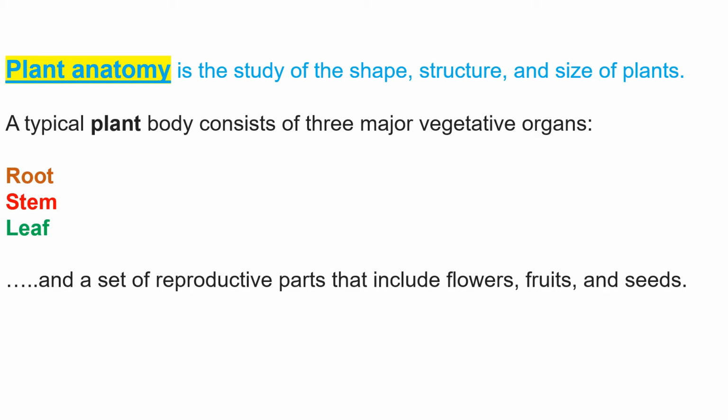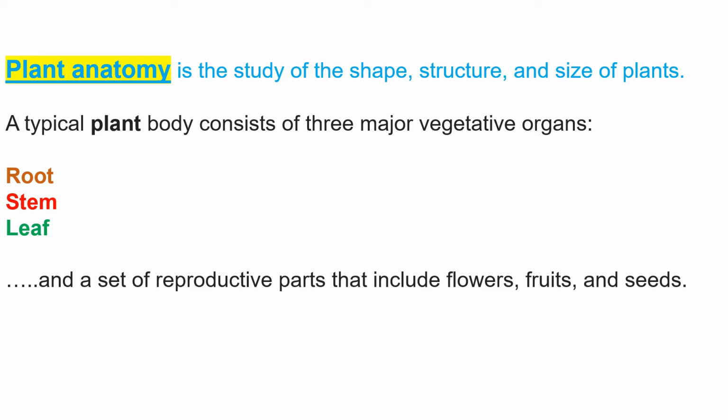I hope you remember what we were talking about in our first lecture. So, plant anatomy is the study of the shape, structure, and size of plants. So when I say that we're going to be studying the differences between monocots and dicots, we're really studying the differences among the shapes, the structures, and the sizes of those plants.